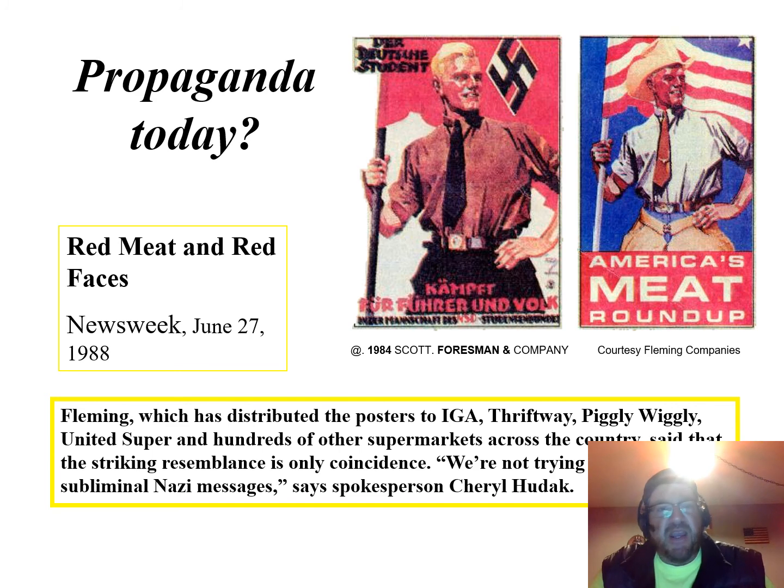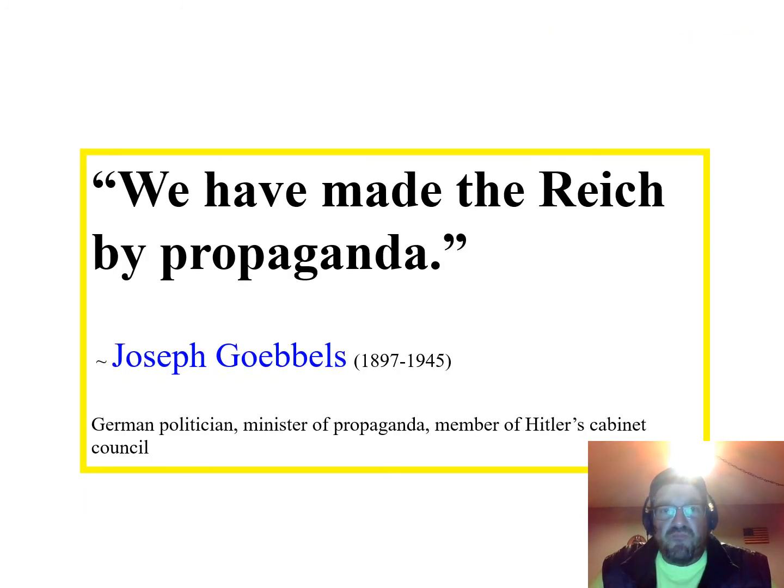We have propaganda. Again, like I said earlier, we have propaganda today. The Nazis' propaganda minister was a guy by the name of Joseph Goebbels. We have made the Reich by propaganda.